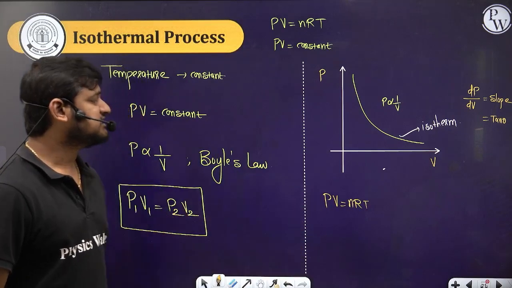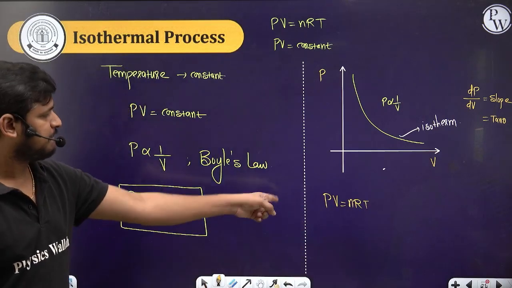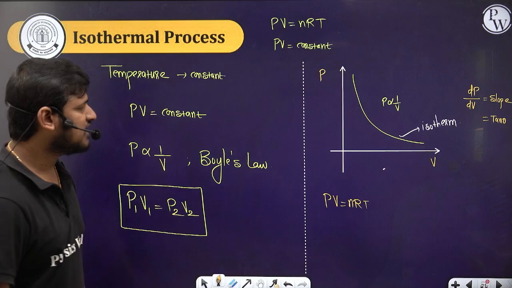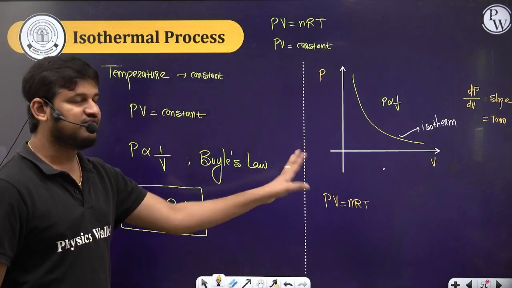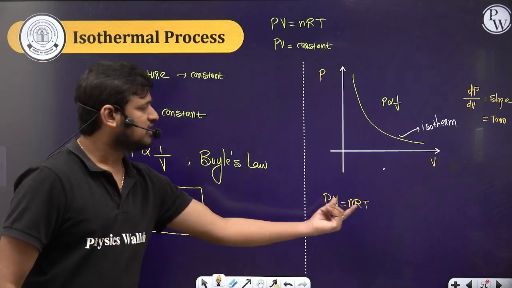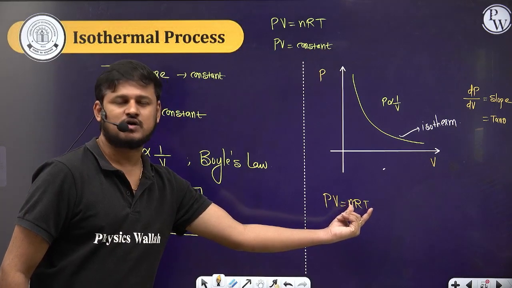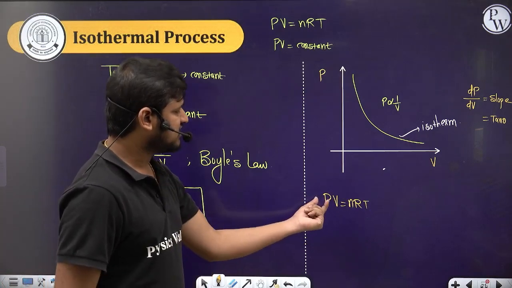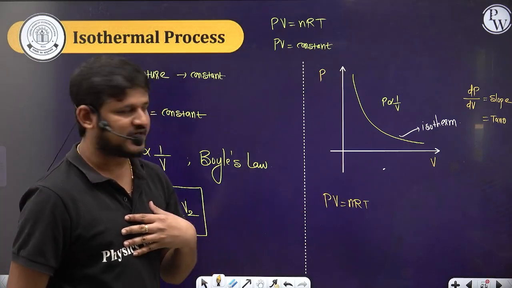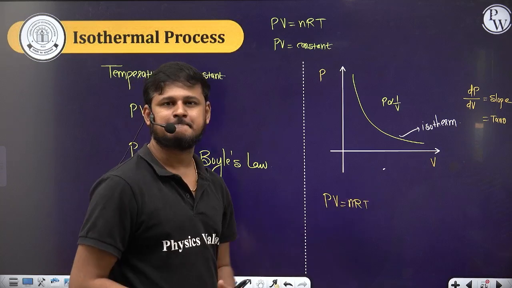Now let's differentiate this on either side. P make it constant one time and V make it constant one time, so however this whole thing is going to be constant. Yes or no? Then pressure is varying and volume is varying. So what do you get?